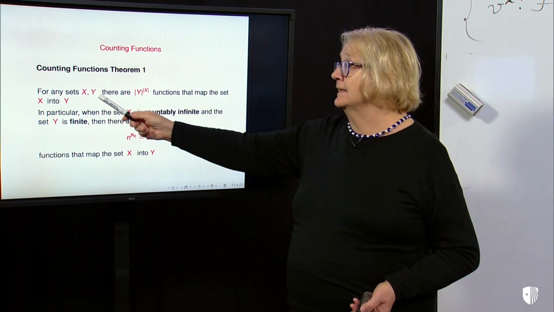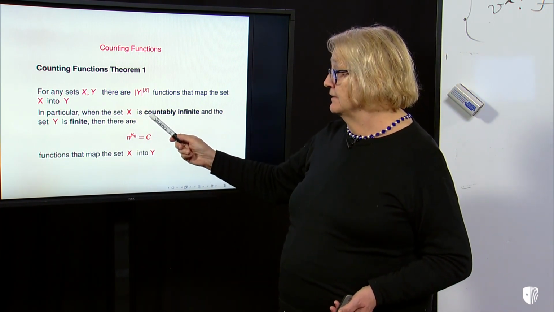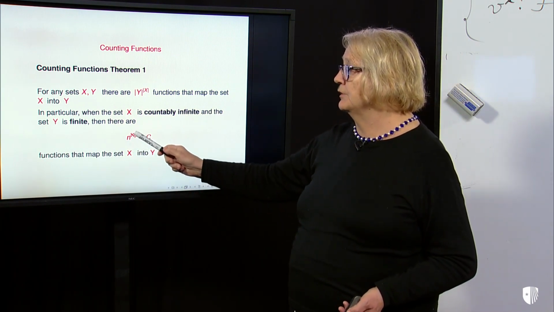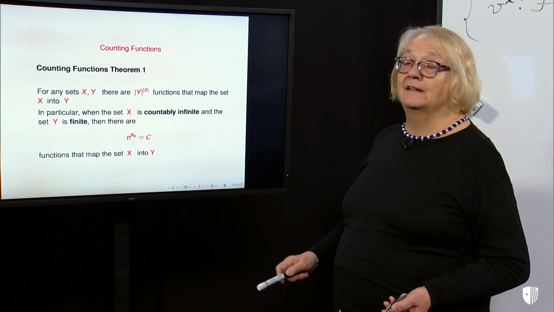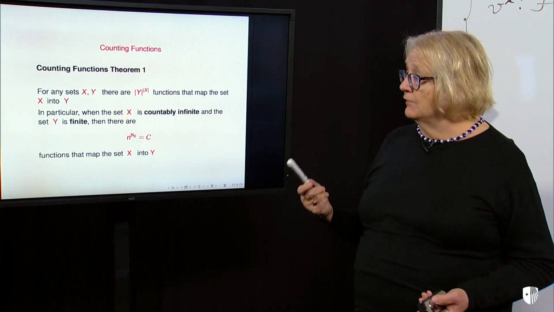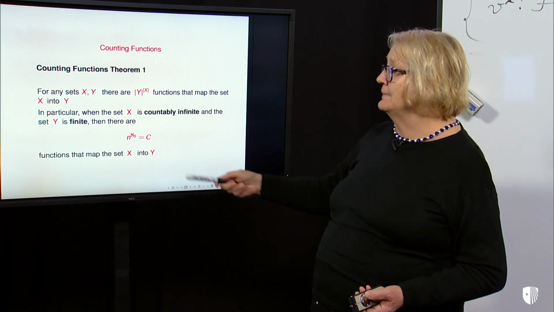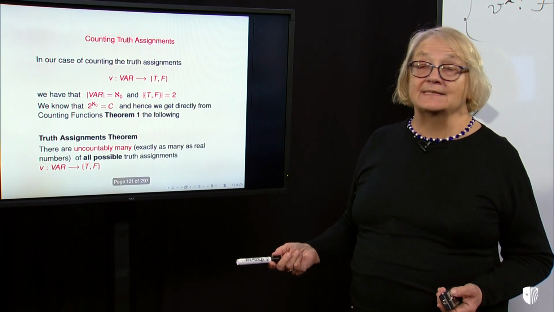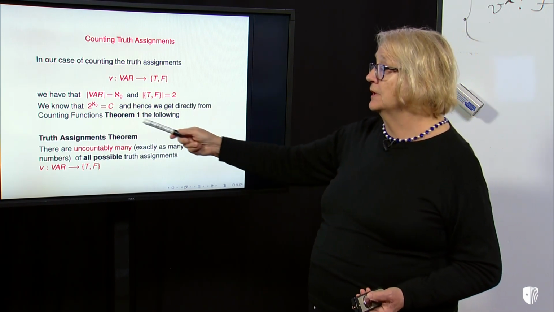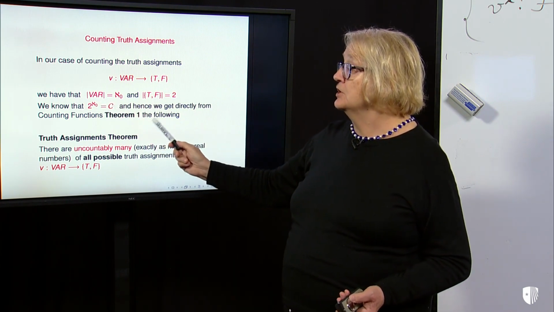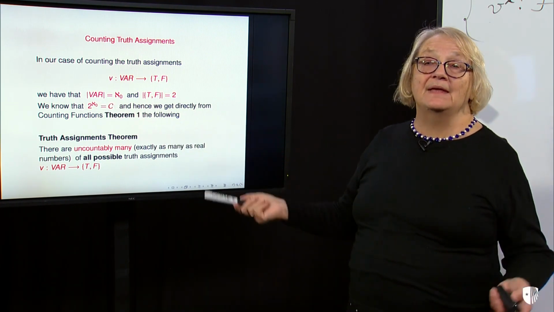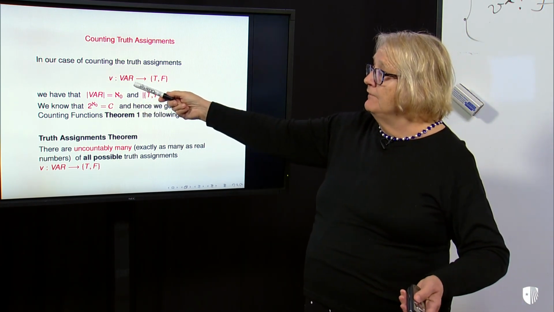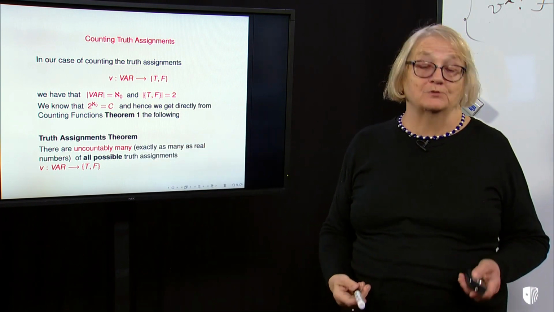If you have sets X and Y, especially when X is countably infinite and Y is finite with n elements, you have n to the power aleph 0 equals c, the number of all possible functions which map the set X into Y. In this case Y is just 2, so you have 2 to the power aleph 0, continuum, so you have uncountably many V's. For any V, as many as real numbers.